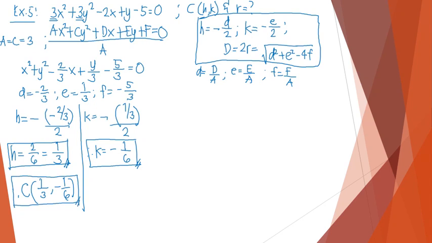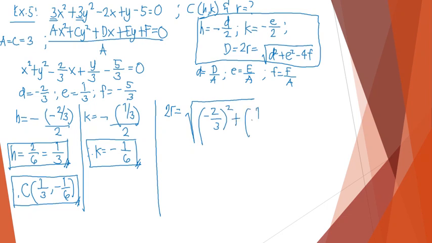Okay, so after getting the center, we will get the radius. Given by this formula, 2r is equal to the square root of negative 2/3 squared, plus 1/3 squared, minus 4 times negative 5 over 3.